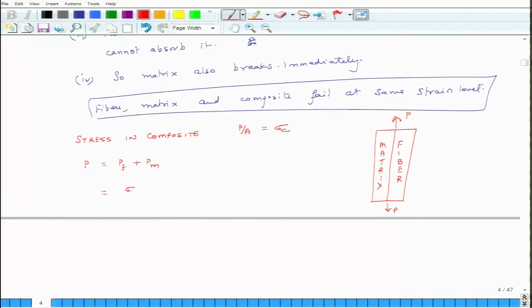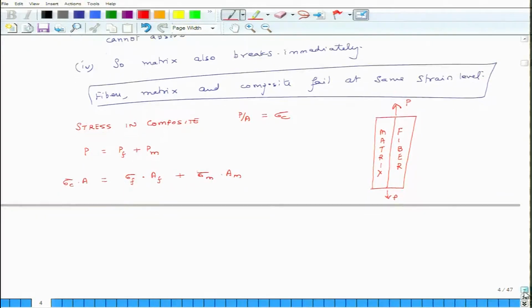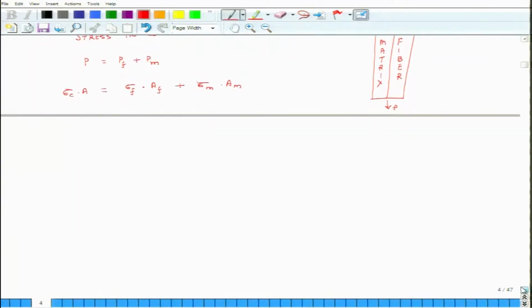This will be equal to sigma F times AF plus the load shared by matrix, which is sigma M times AM. And this is equal to sigma C times A. Now, this is the general relation before anything is breaking.